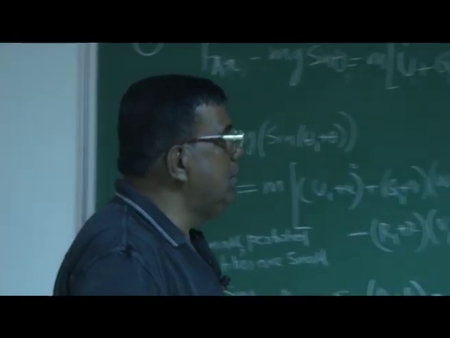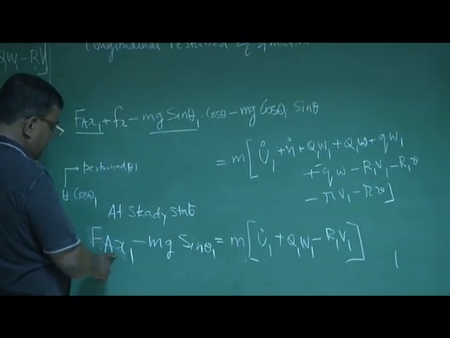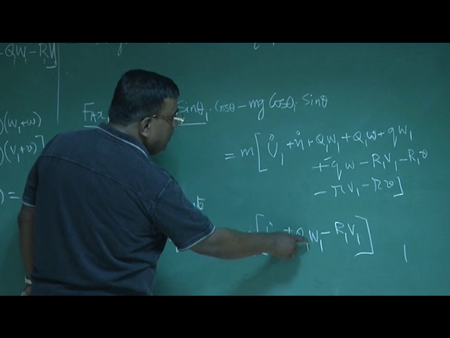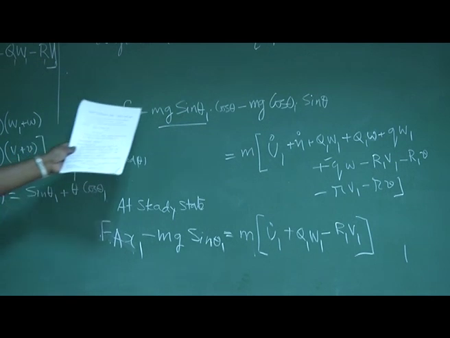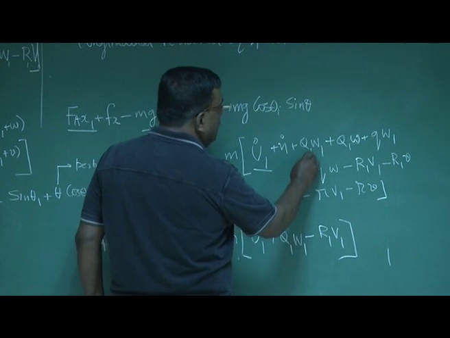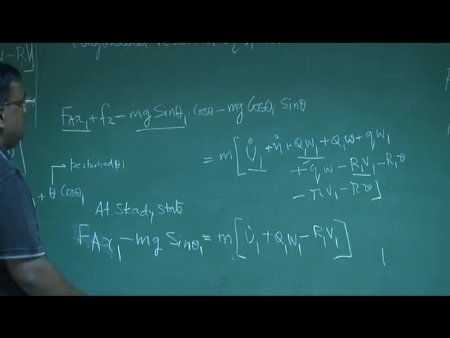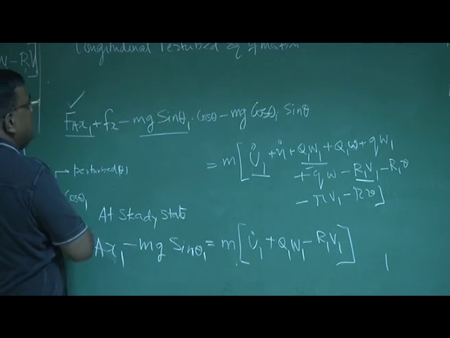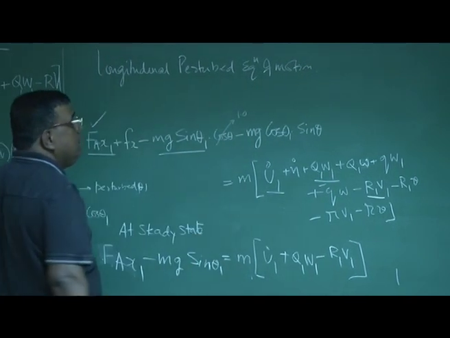So let us see what is the condition at steady state. We know at steady state Fax1 minus mg sine theta 1 equal to m u1 dot plus q1 w1 minus r1 v1. And if I carefully see this expression where I underline this u1 dot, q1 w1, r1 v1, this is actually equal to Fx1 and mg sine theta 1. Cos theta becomes 1 because of theta being small.